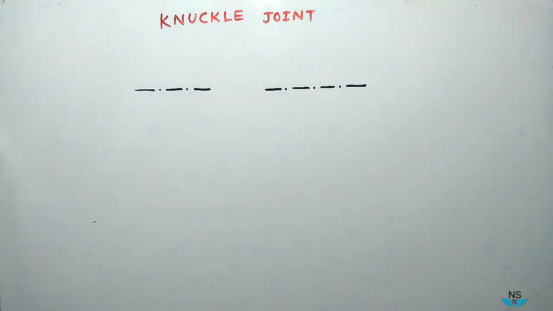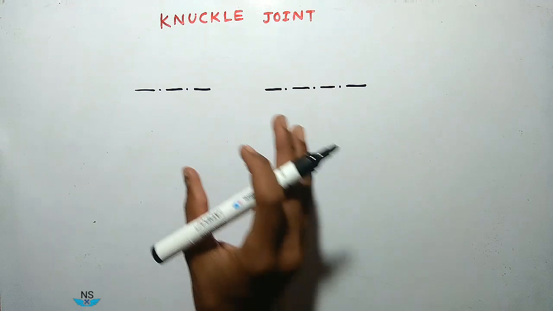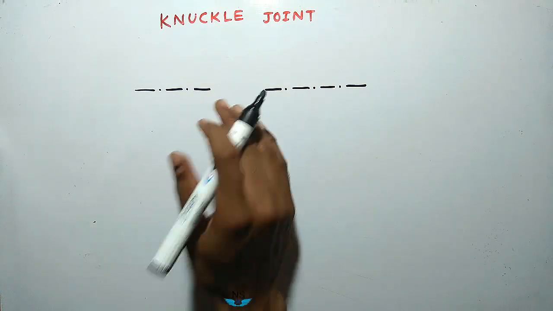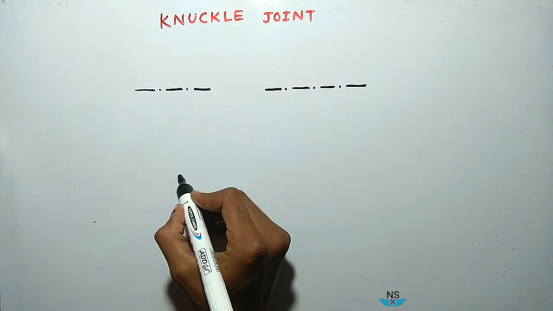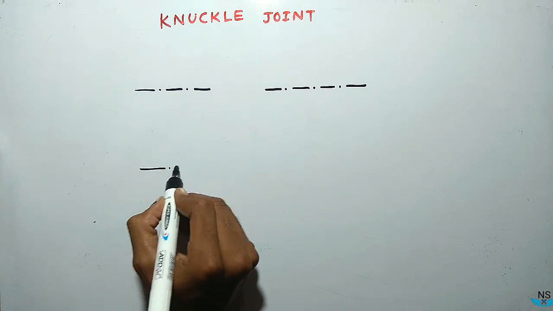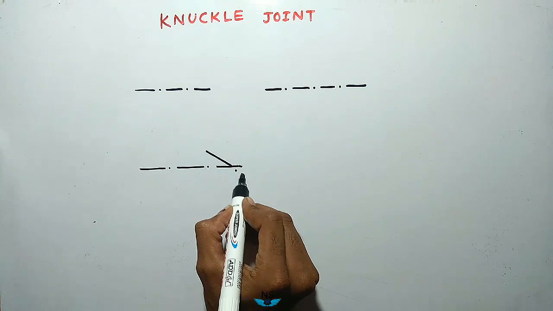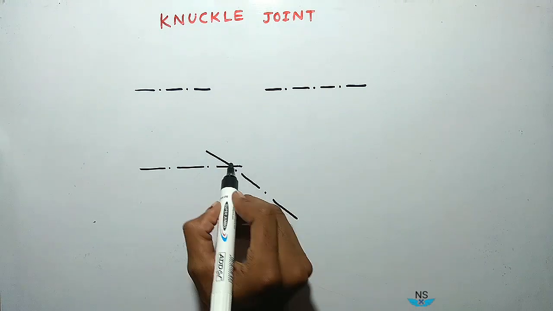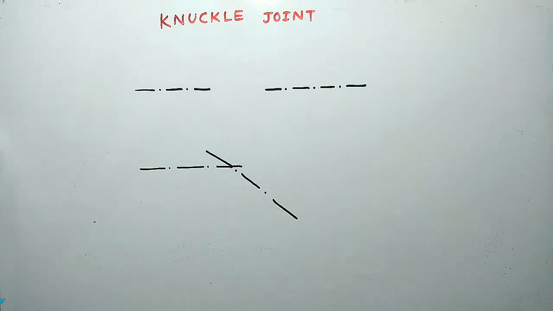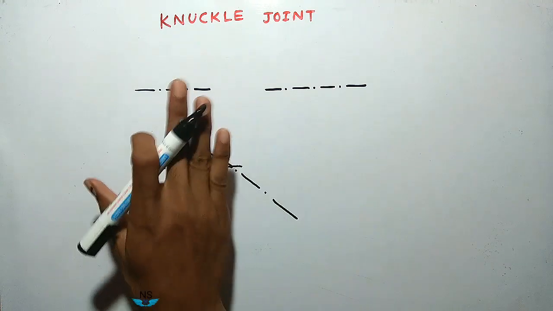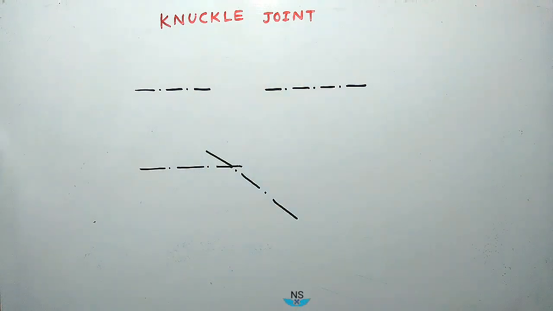Now knuckle joint is used to connect two rods whose axes either coincide or intersect. Means if this is one axis, then another axis like this. So in both cases knuckle joint is used.